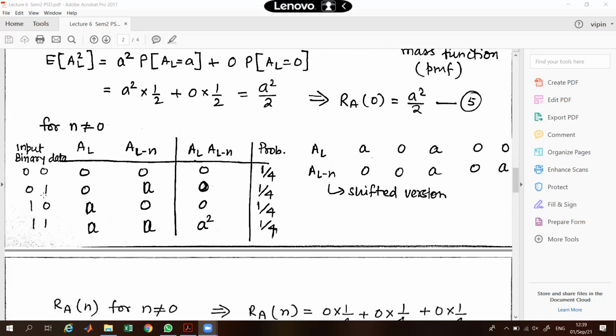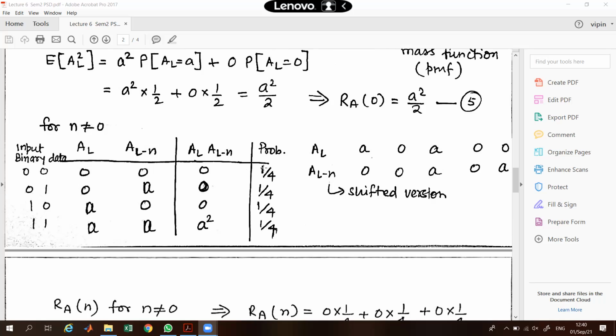Now we have four binary data possibilities. If we consider them equally probable, then the probability of appearance of 0 0 is 1 by 4, because we have 4 events, and the favorable event is 1 for each one.